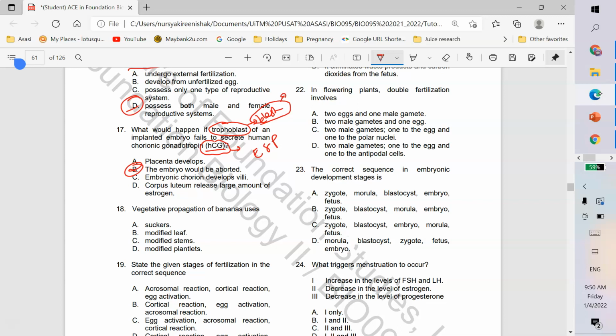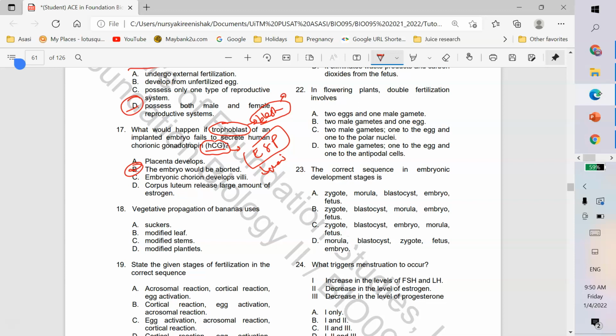Kenapa nak kena hasilkan estrogen and progesterone? Sebab these two hormones are used to maintain the thickening of endometrium lining, so that the endometrium lining is ready to receive the implantation of the embryo, kan?